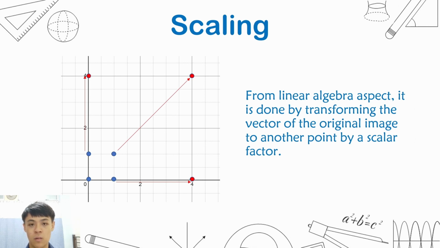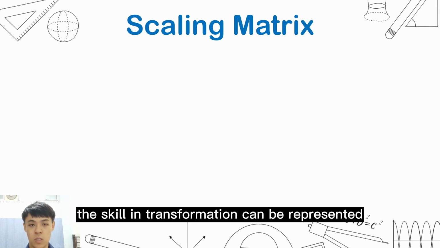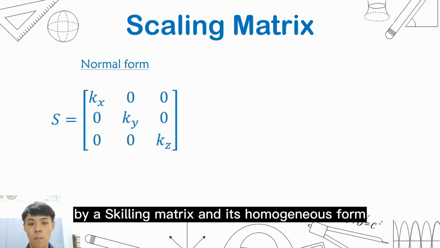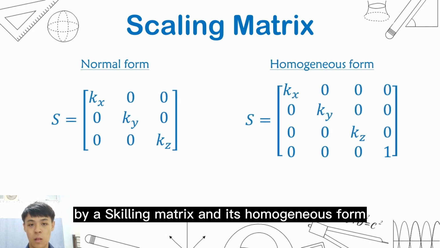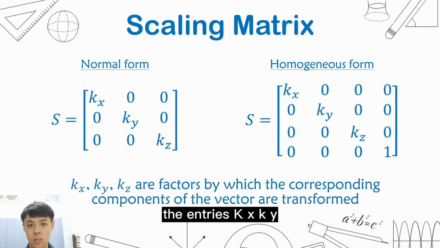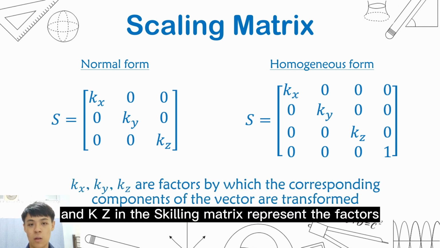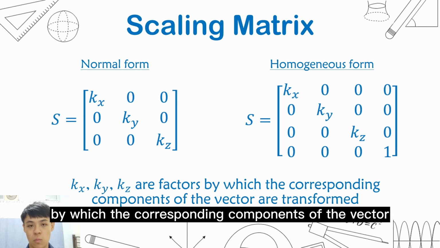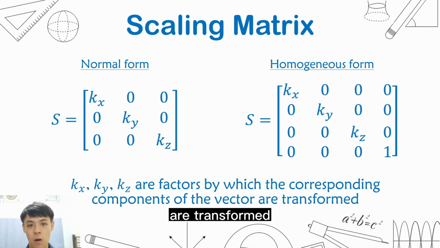The scaling transformation can be represented by a scaling matrix and its homogeneous form. The entries kx, ky, and kz in the scaling matrix represent the factors by which the corresponding components of the vector are transformed.